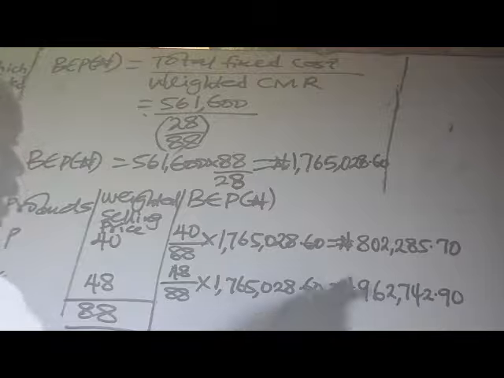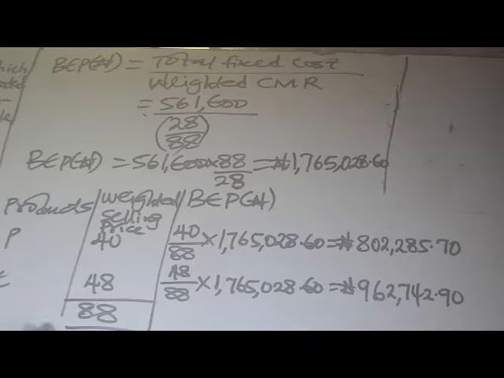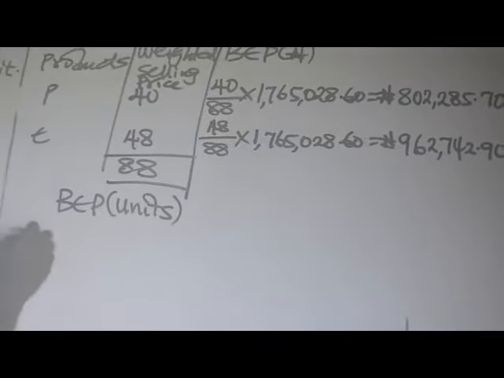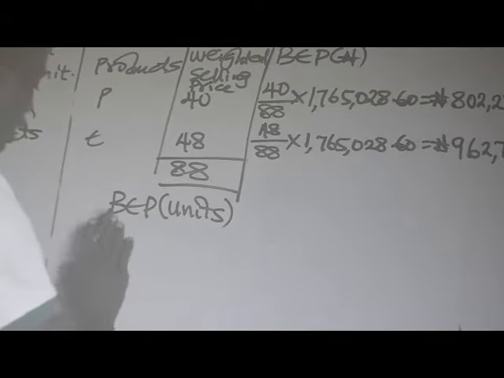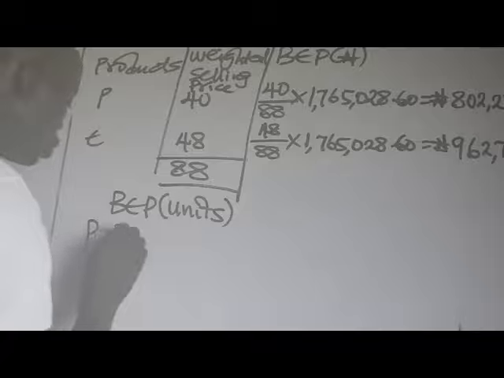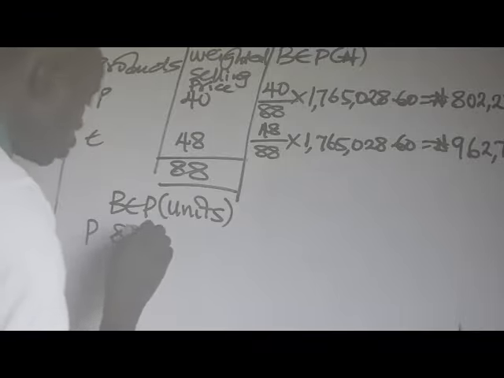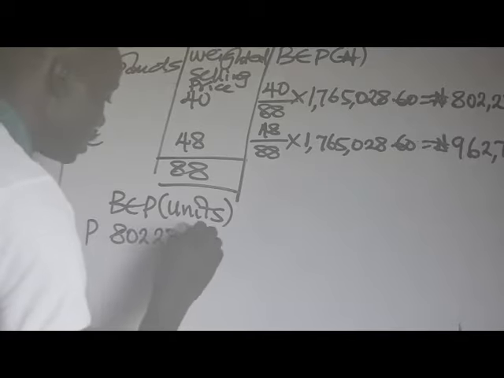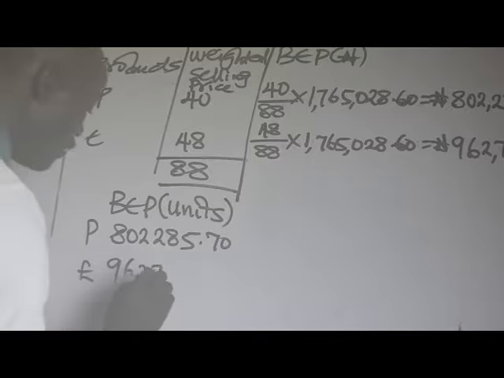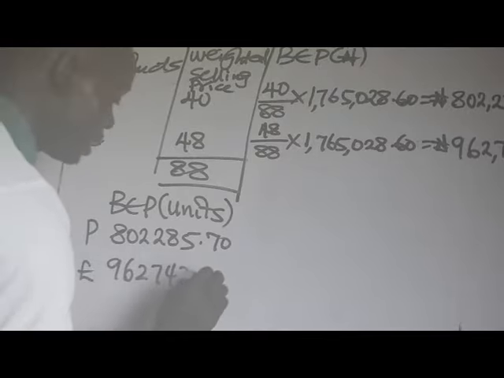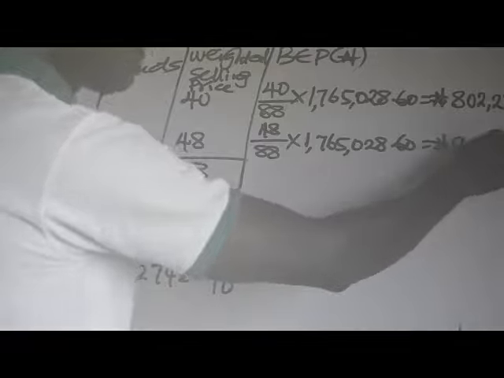Having determined the BP in Naira for each of the products, we can now calculate the BP in units by dividing the BP in Naira by the selling price. For product P, the BP in Naira is 802,285.70, and that of product E is 962,742.90 as calculated.